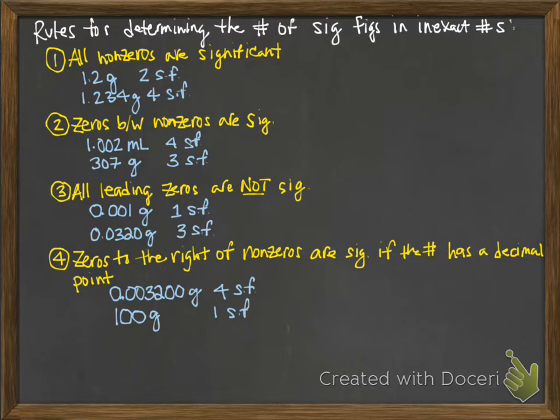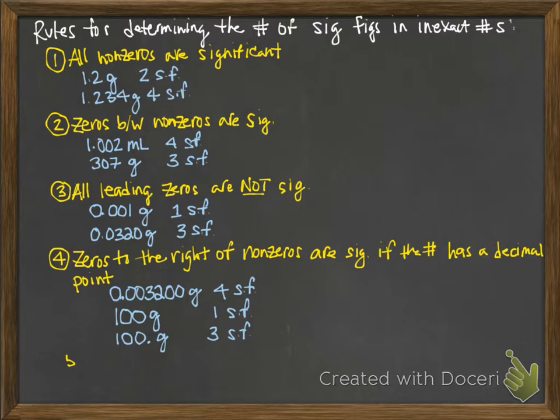Like I said, some textbooks differ; we'll get to that in Rule 5, a better way to write this number. All right, so what if I put 100 with a decimal point, grams? 3 sig figs. Since we have that decimal point now, those zeros to the right of our non-zero are now significant.